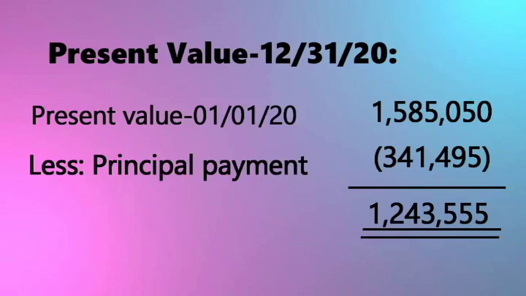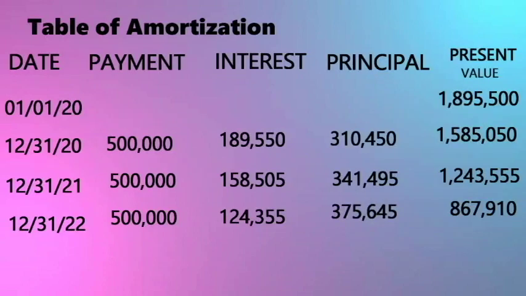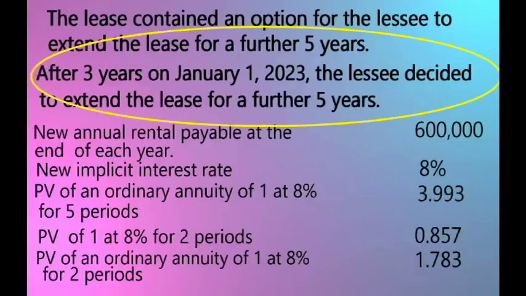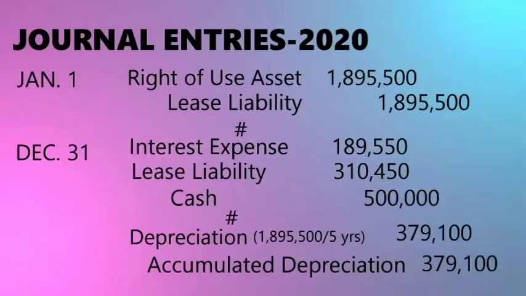So same process lang ang gagawin natin hanggang 2022. So mapapansin natin sa table of amortization is hanggang December 31, 2022 lang yung ginawa. Kasi nga, ang sabi, after 3 years, on January 1, 2023, the lessee decided to extend the lease for a further 5 years, which means nagkaroon ng remeasurement.